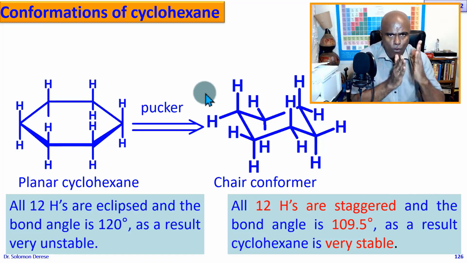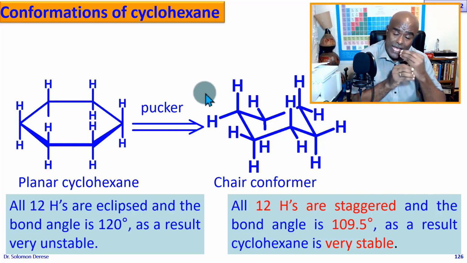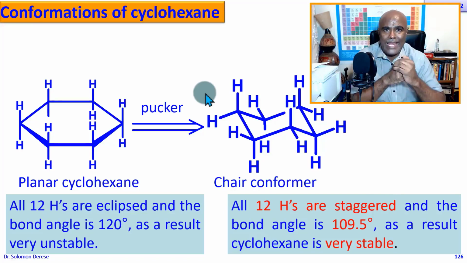So of all the cycloalkanes, the most stable and the most abundant ring you find is cyclohexane. It is very easy to synthesize a cyclohexane ring in the laboratory as well as in biological systems in nature.